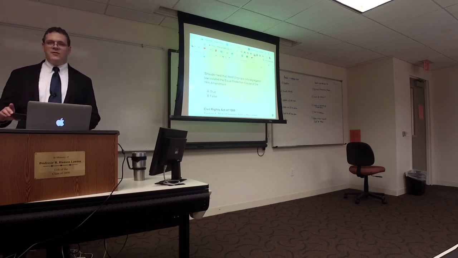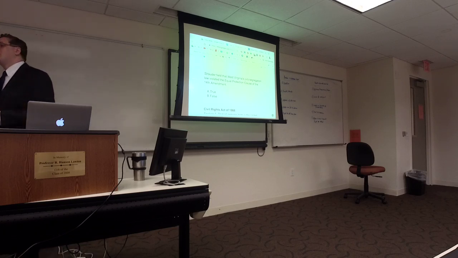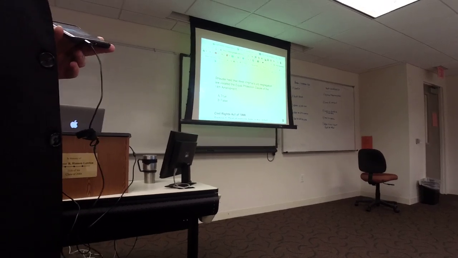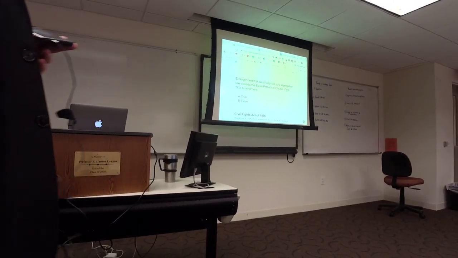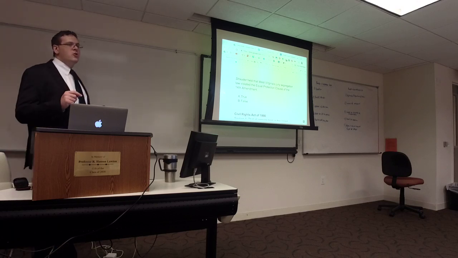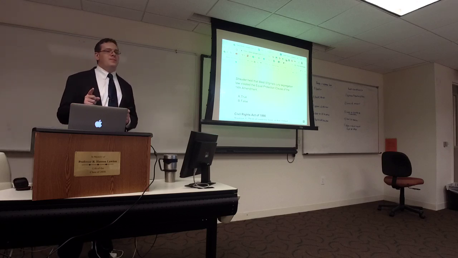But that doesn't resolve the question entirely. Congress only has that power if it is an appropriate piece of legislation, right? Section 5 says Congress shall have the power to enact appropriate legislation. And what determines if this legislation is appropriate?